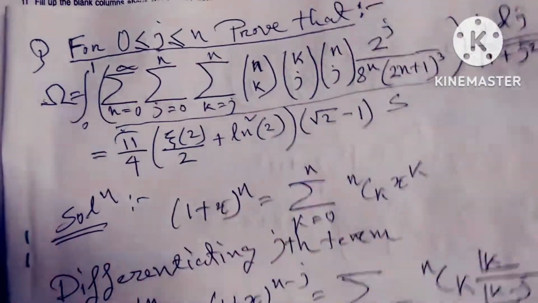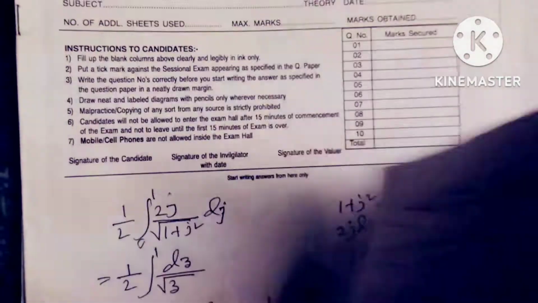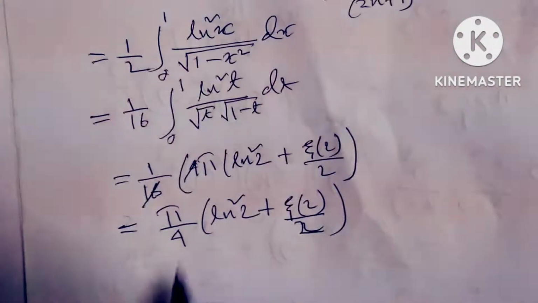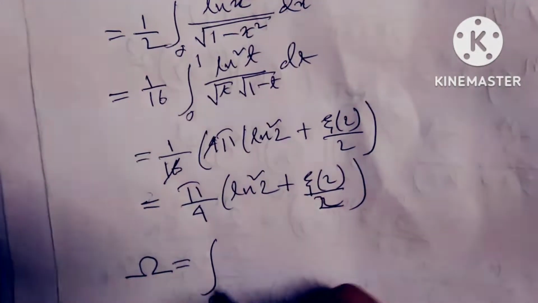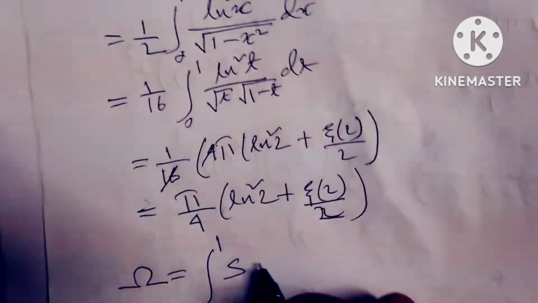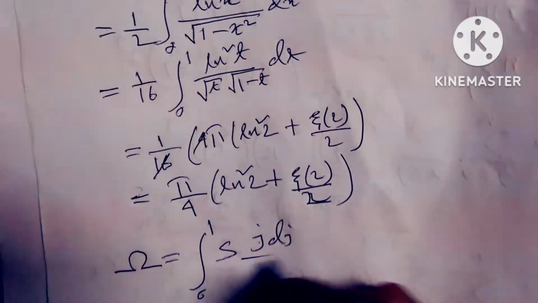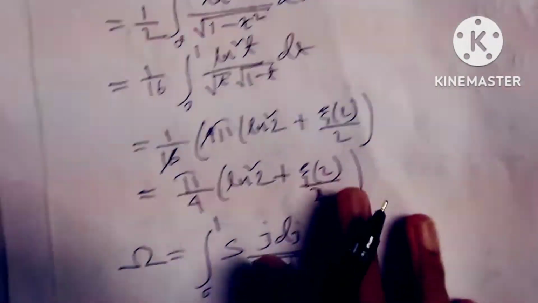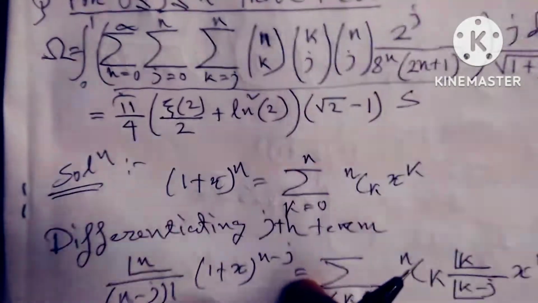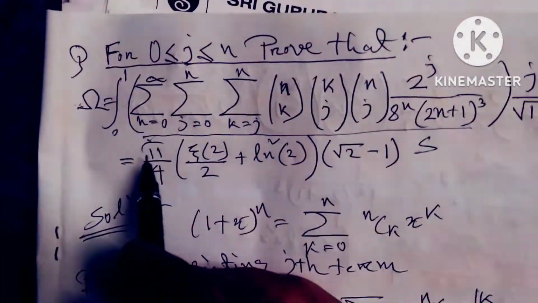So I get omega equals integral 0 to 1 of s into j dj divided by root of 1 plus j square.